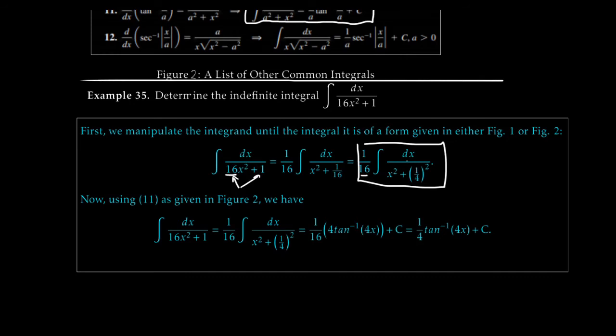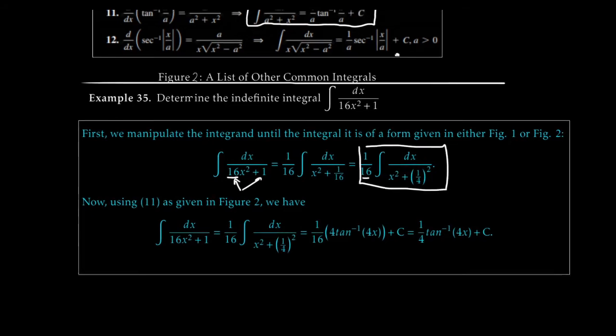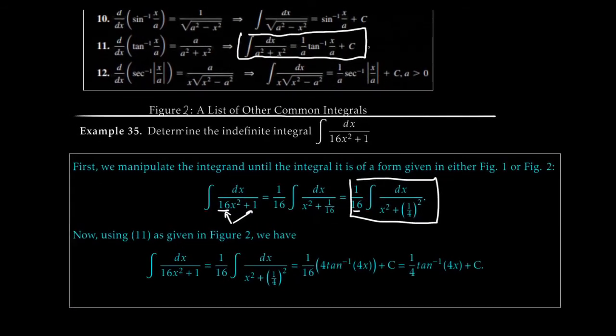So the integral of dx over x squared plus 1/4 squared looks pretty much exactly like this guy, the integral of dx over a squared plus x squared. I've got my x squared and my a squared backwards, but it doesn't matter whether a squared plus x squared is down there or x squared plus a squared. You square something, it's non-negative.